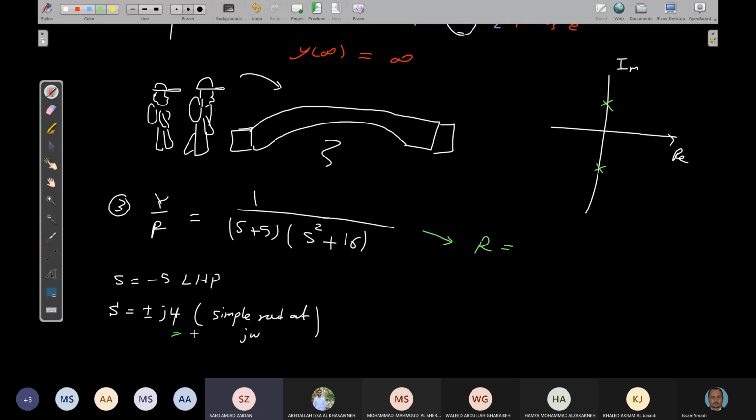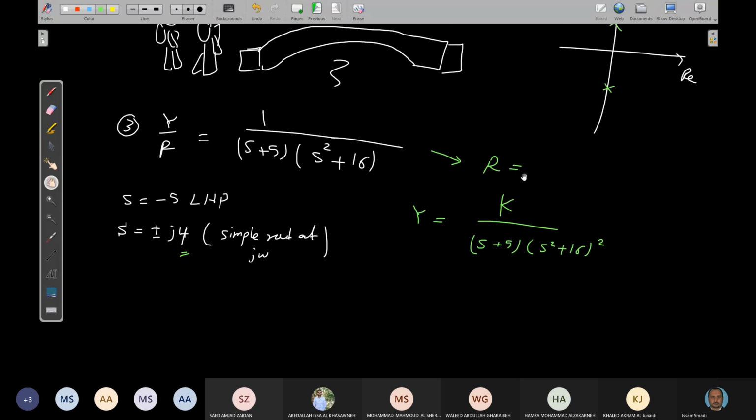So simply this means that in the end of the day Y is equal to 1 over (s plus 5) times (s squared plus 16) all squared, correct? And here I'm having a certain constant, I don't care about it.